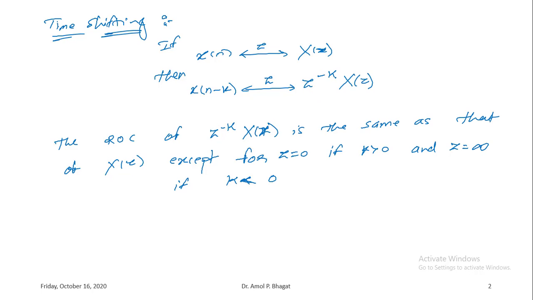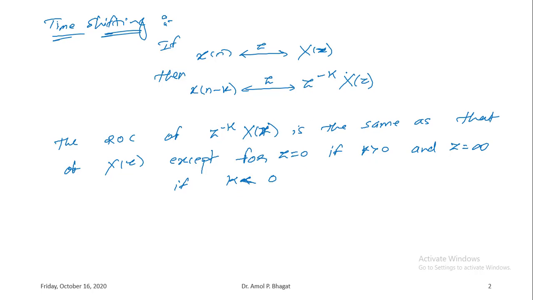So if k is positive, then if you are substituting z is equal to 0, it will be 1 upon z to the power k, and if I'm substituting the value of z is equal to 0, it will be 1 upon 0, and 1 upon 0 will be infinity. So that means z is equal to 0 will not be included in the ROC if k is positive.